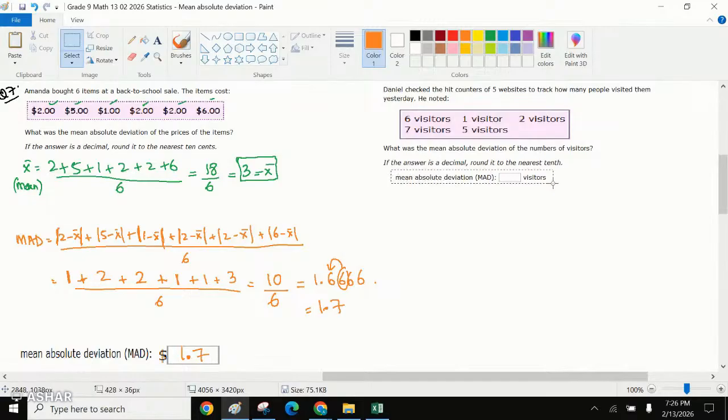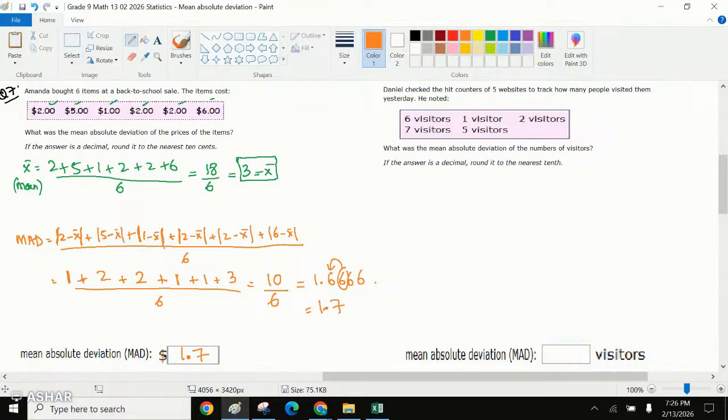We need to find the mean absolute deviation of the number of visitors visiting the website. For question number 8, rounded to the nearest tenth. There are 5 websites, so the mean number should be 6 visitors plus 1 visitor plus 2 visitors plus 7 visitors plus 5 visitors.